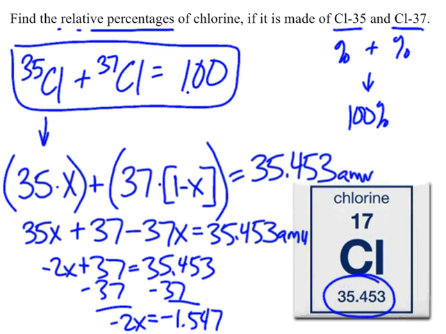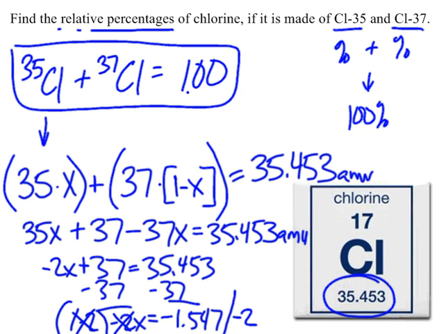You're thinking, well, this is getting ugly. Remember, this is as decimals, not as percentages. So when I divide by negative 2 on both sides, that gets rid of my negative 2.